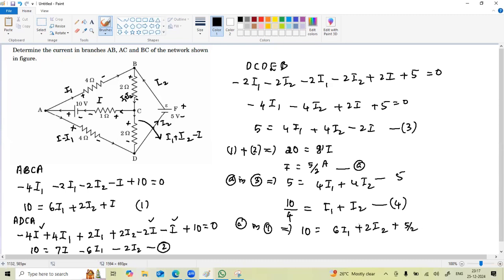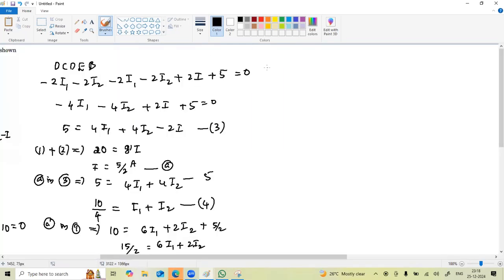If 5 by 2 goes to the left side, 10 minus 5 by 2, 20 minus 5, 15 by 2. So 15 by 2 equal to 6I1 plus 2I2. If you reduce, dividing by 2, 15 by 4 equal to 3I1 plus I2.